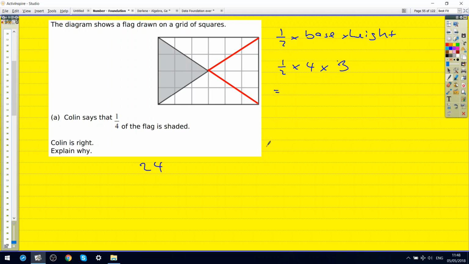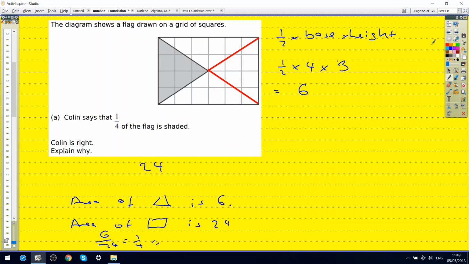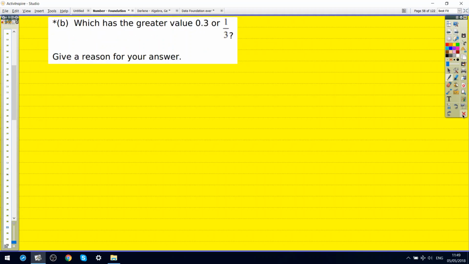And what is that? And is 6 a quarter of 24? Yeah, so the area of the triangle is 6. Total area of the rectangle is 24. And 6 out of 24 is equal to a quarter. Okay, or you could just put it into words. Any questions there? Okay, so you just find the area of the triangle, find the area of the total. This one, same idea as before.